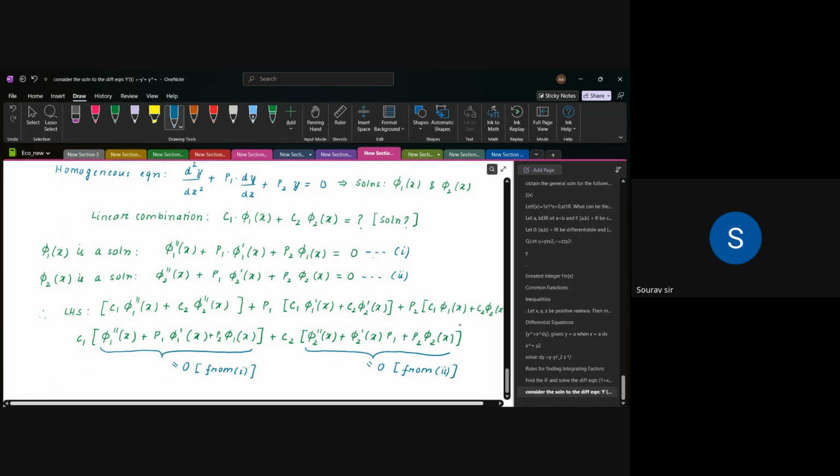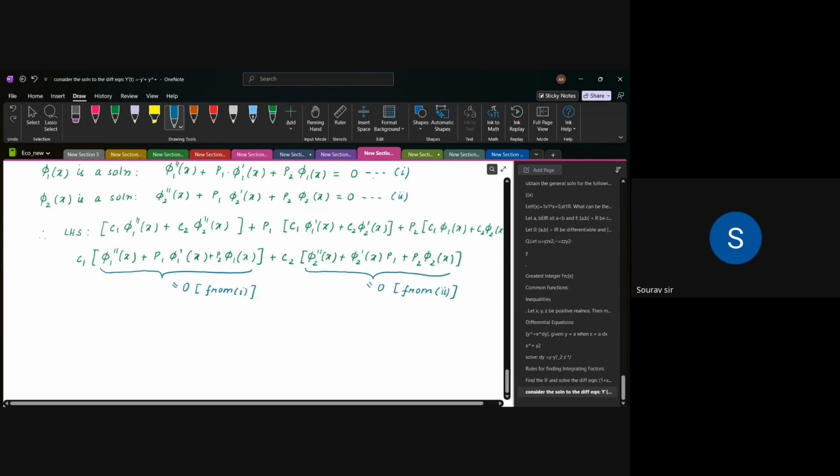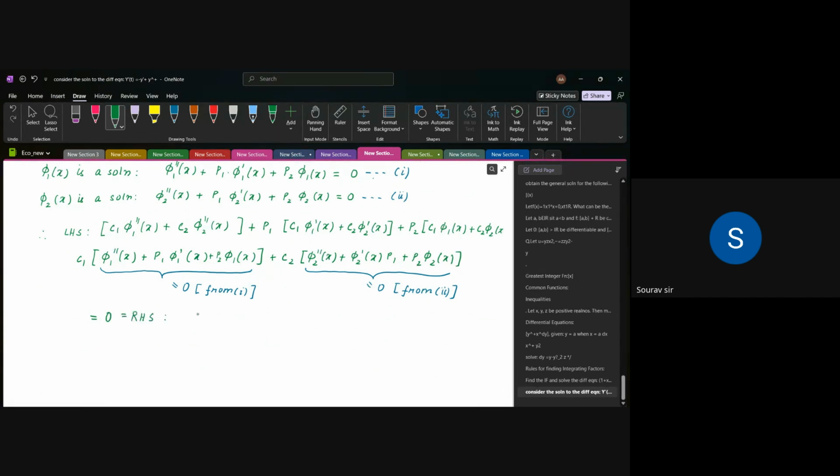Correct? So that means this will also be 0 and it is RHS. So that means C1 phi 1x plus C2 phi 2x is also a solution.